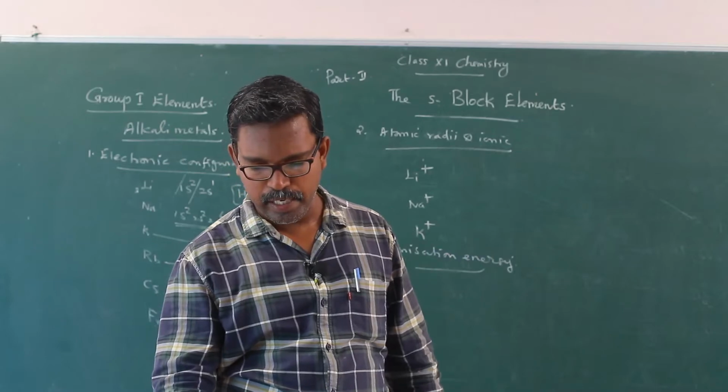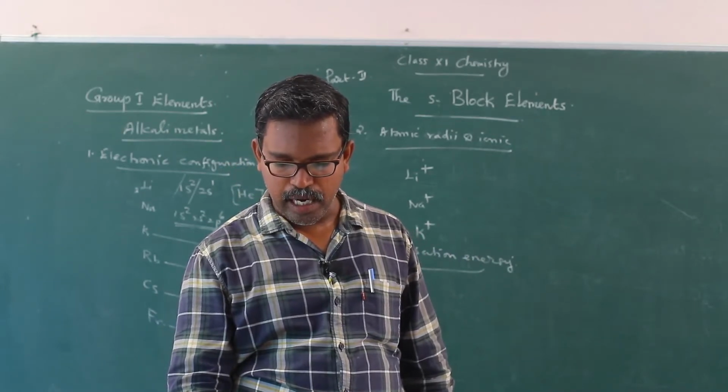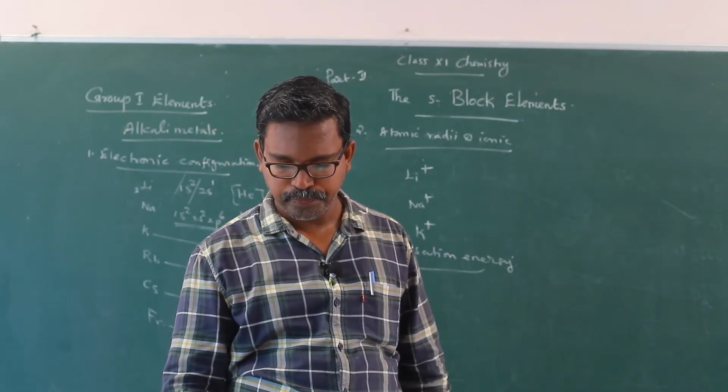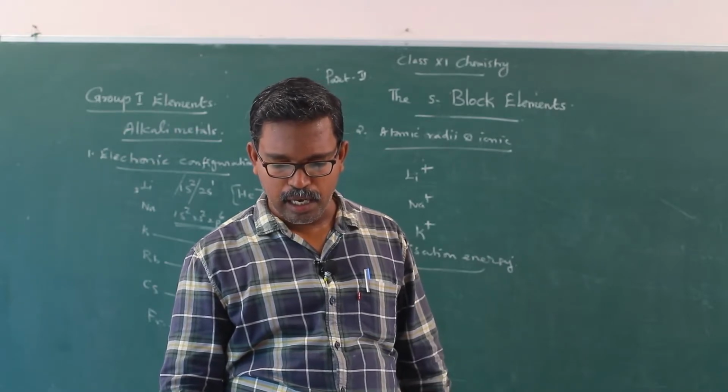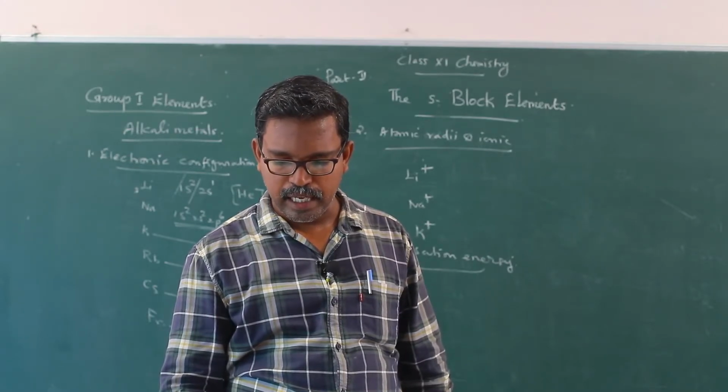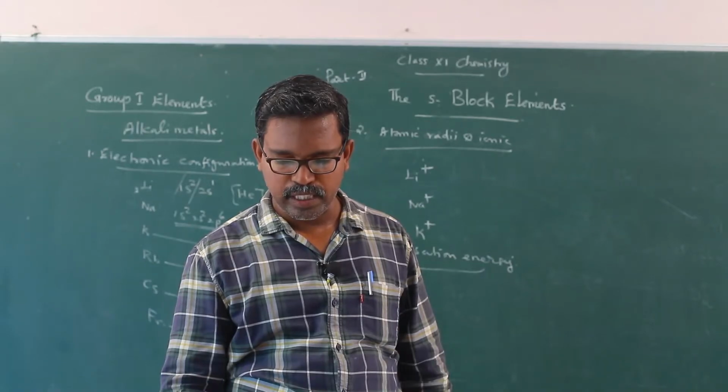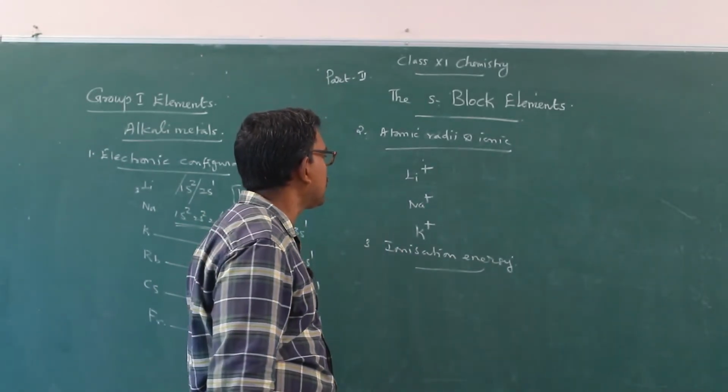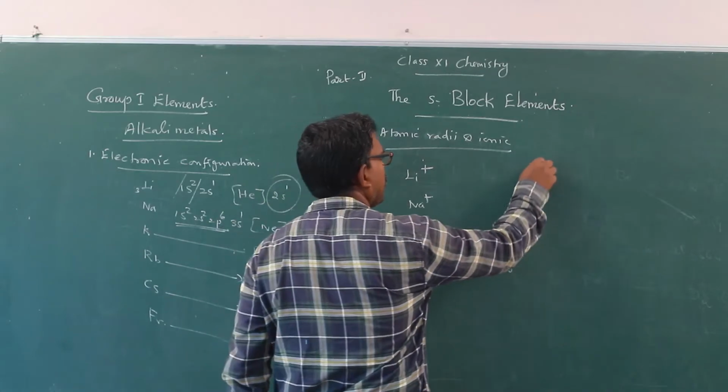So, this is the next point: hydration enthalpy. The hydration enthalpy of alkali metal ions decreases with increase in ionic size.